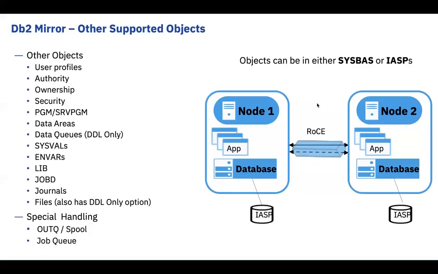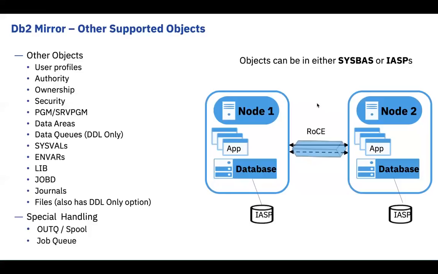Those are a unique set where you're not going to have any choice on if you mirror those type of attributes or objects. So every user profile you create, change, delete, those type of operations get automatically synchronously mirrored between the two systems. With one exception, QSECOFR, so that's unique on each one. But besides that, every other user profile gets replicated.